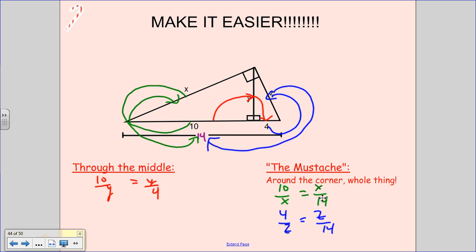So these are three proportions that could be created in order to find the variables. So again, you have through the middle, part to middle to part, or you have mustache. Part around the corner, come back around the corner to whole. And that's the mustache. So we're going to practice those methods in a second.